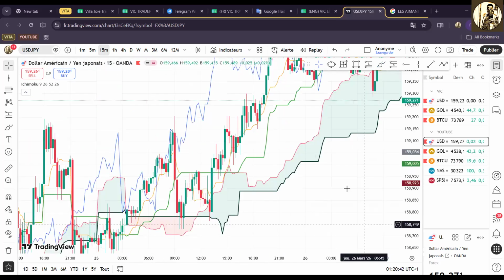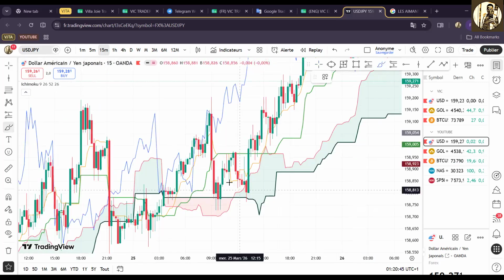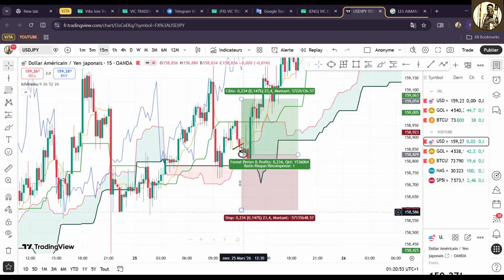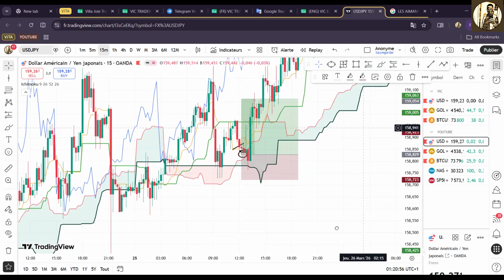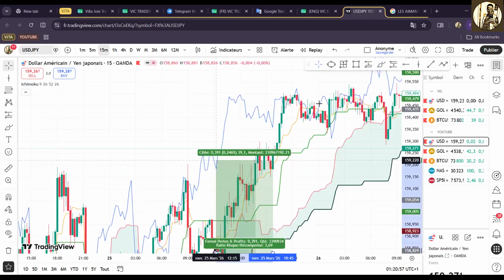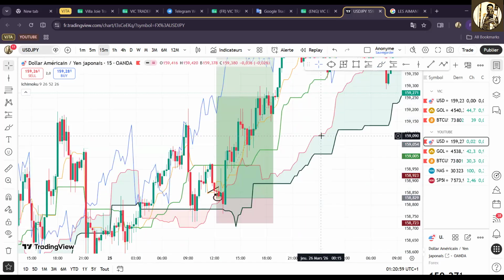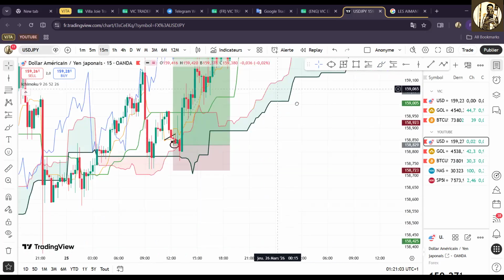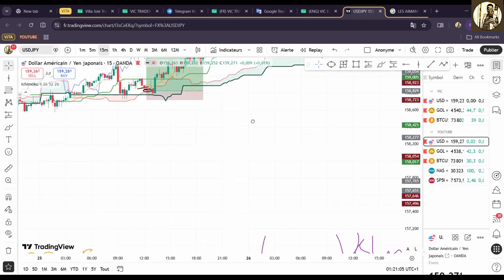When Tenkan started bending to the upside here, this first touch of Tenkan gave you a good entry for a buy where you could have just placed the stop loss here and then buy for a long run. Voila. That's what I'm talking about.